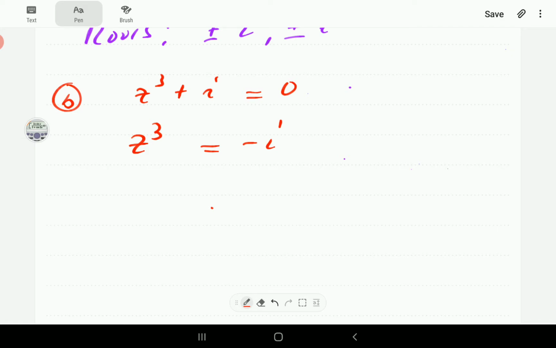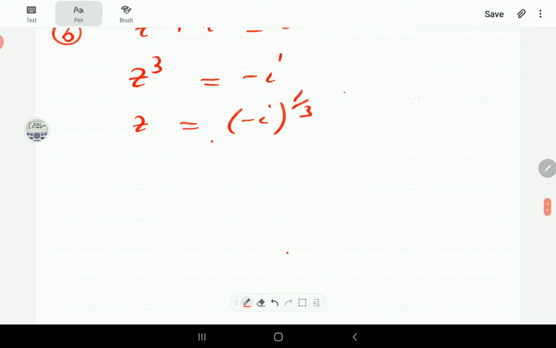At this point, we can see that z is going to be the cube root of negative i. We can find these using de Moivre's theorem, which you can check in our video on roots. We're going to put the link just here.